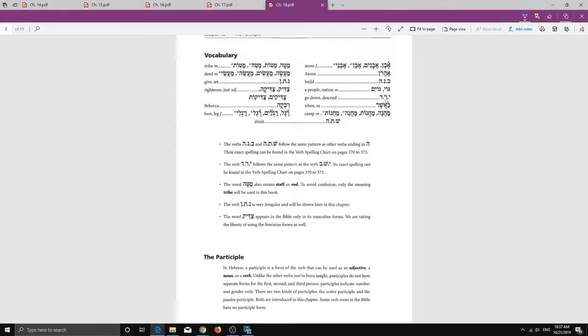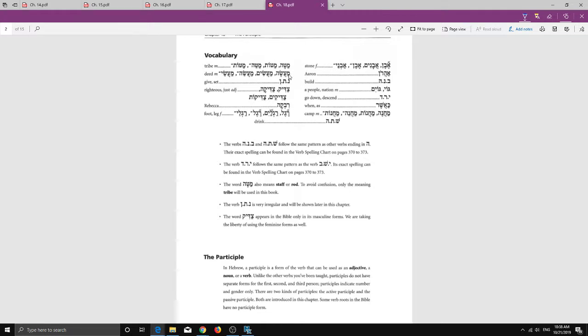I think we've had that in some of our tall tales or guided reading. Next we have machane, machnot, machane, machnot, which would be camp. So this is the word when Jacob divides his family into two camps before he sees Esau. Machane.